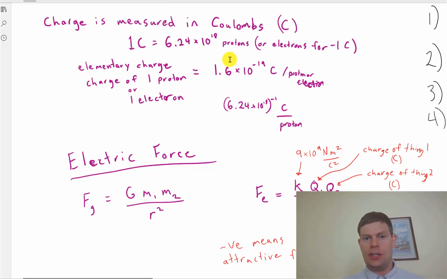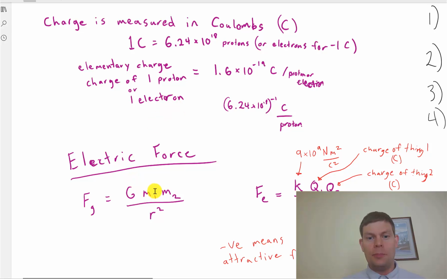This other guy is not in your data pages, but it is just this guy to the -1, or 1 divided by this guy. So be ready to switch it into either form. You might want to write this down now, or just remember that it is the reverse of this. Just know what elementary charge is, very important. By the way, a proton has just as much positive charge as an electron has negative charge.